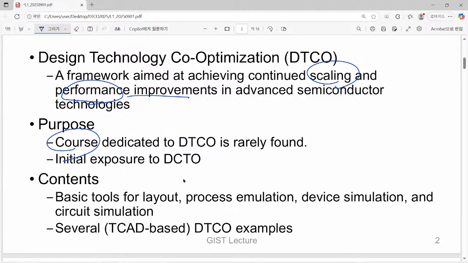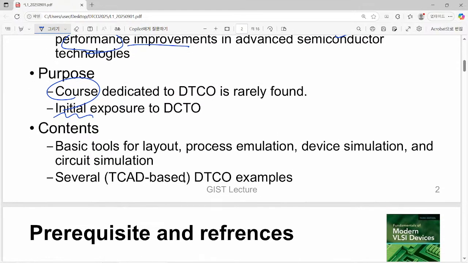So in this course, I'm doing my best to introduce DTCO to you. This is the initial exposure to DTCO for students, but I cannot say that this is all of DTCO. The contents are very limited to TCAD-based DTCO.